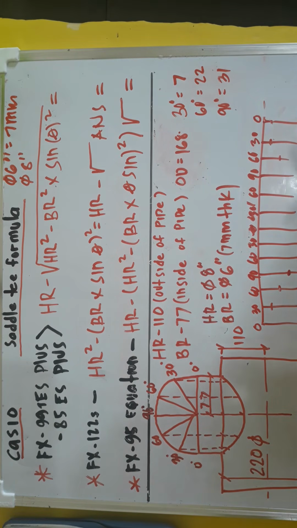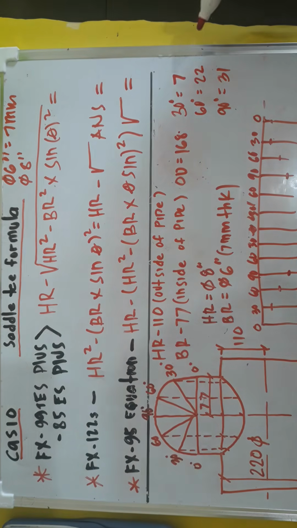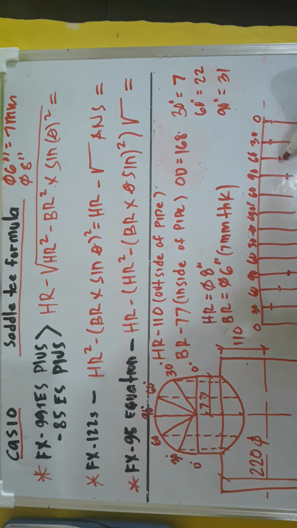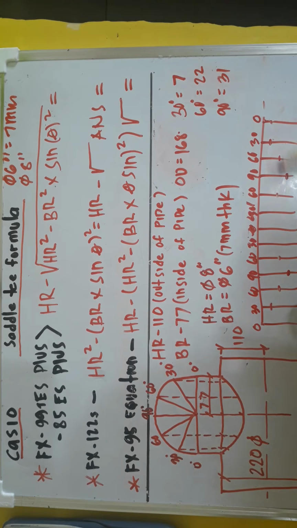So 31, approximate only. And for the 60 it is 22. So we'll say 60 here, 22. Here also 22.